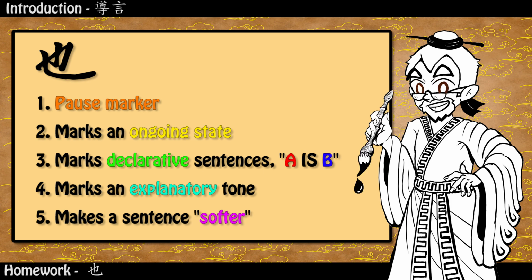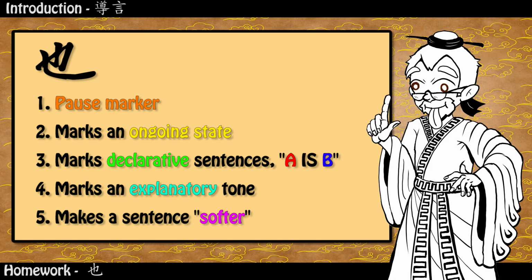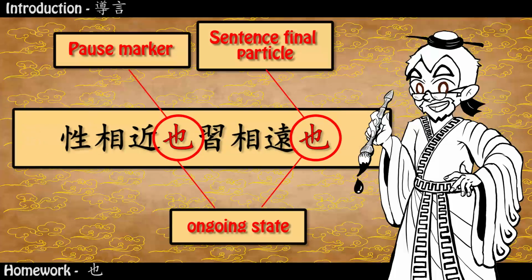From what I've seen, everyone who handed in their homework seems to have grasped the gist of it, though everyone also put weight on some meanings over others. In truth, you could most likely write an entire scholarly essay on the topic, but I'm not mad enough to make an hour-long video essay quite yet. So instead, here's my much shortened down take. The first ye is a pause marker, and the other ye marks the end of the sentence or statement.